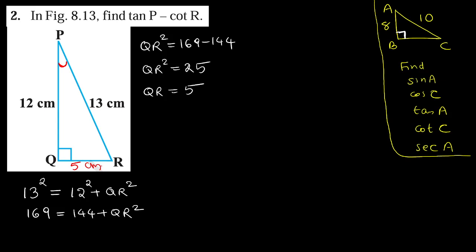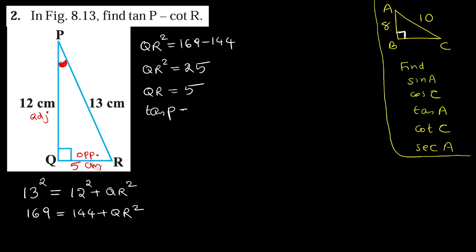Okay, so what is our question? Tan P minus cot R, right? Tan P, this is P. P opposite side is this one. There is no confusion in that. Adjacent side with respect to P, this will be the adjacent side. Hypotenuse, you have no confusion.